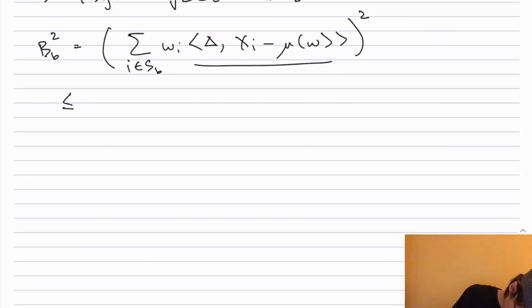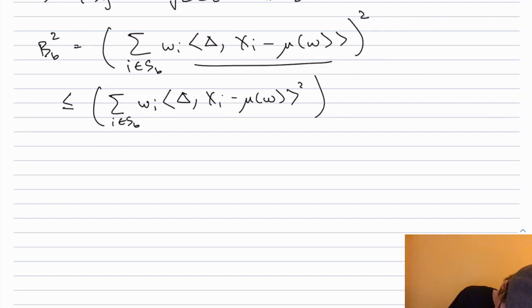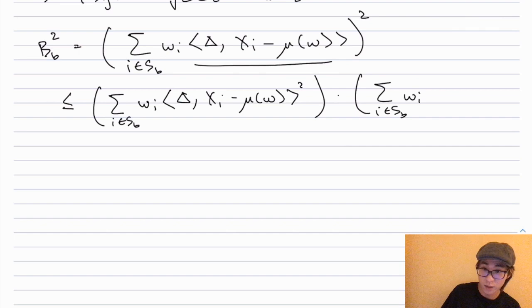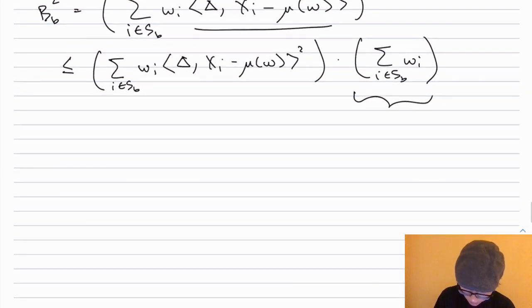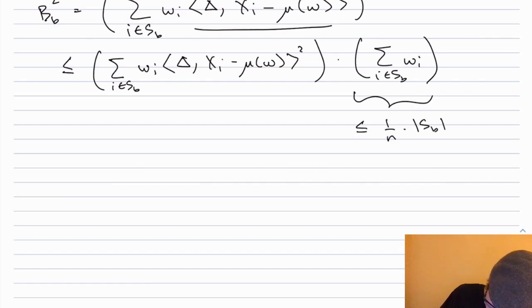So this is less than or equal to the sum over I in S bad of Wi times (delta inner product Xi minus mu of W) squared, times the sum over I in S bad of Wi times 1 squared again. The reason we do this is because the sum of the Wi for I in S bad is upper bounded, simply because each Wi is at most 1 over n times the size of S bad, which is less than or equal to epsilon n, so the sum is at most epsilon.